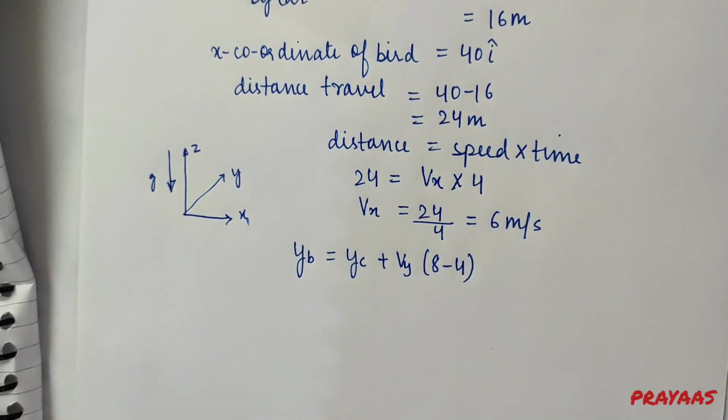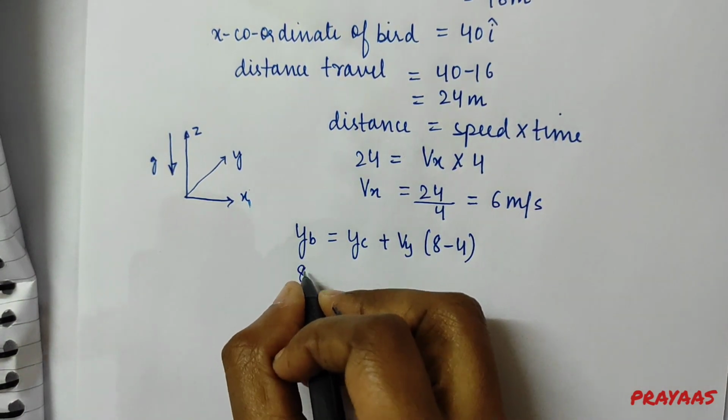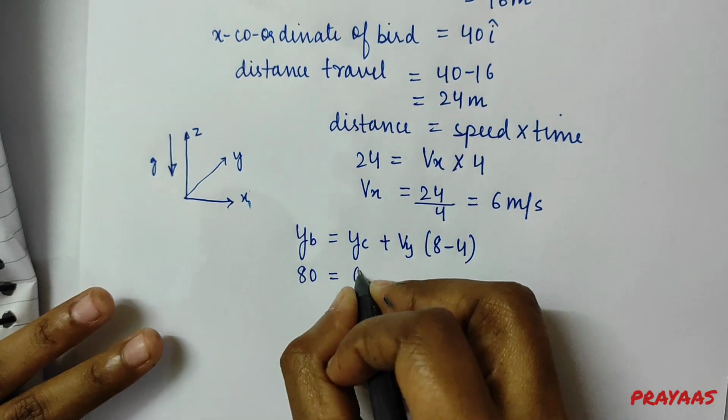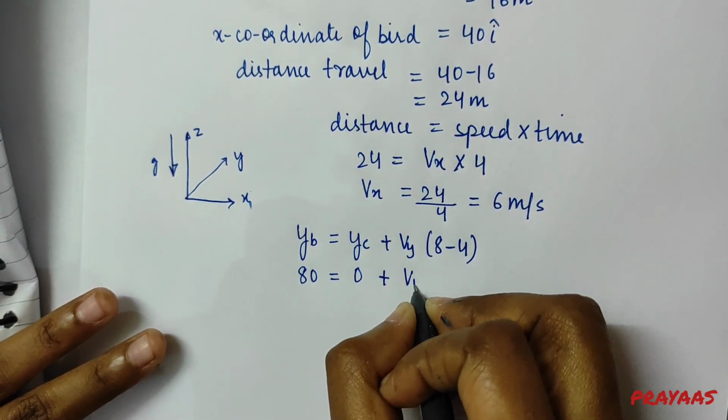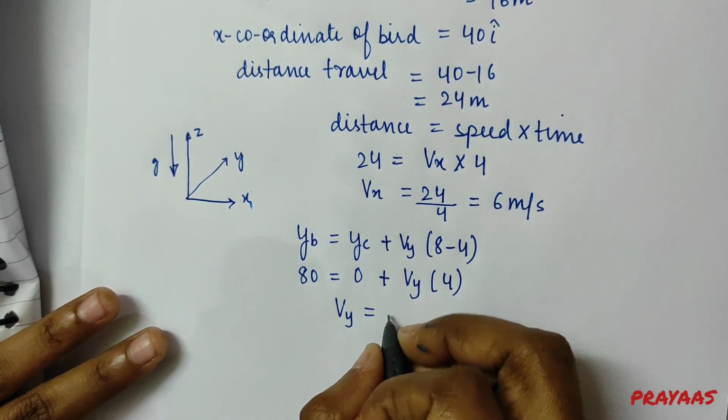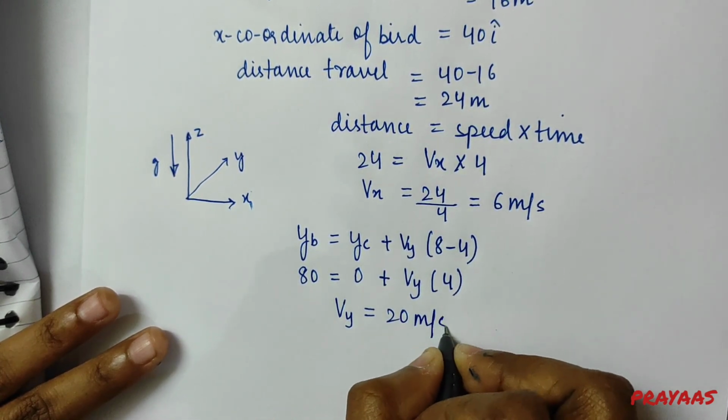That is time taken. Yb is 80, initial x coordinate. Yc is 0 plus vy into 4. So the velocity in y direction will be 20 meters per second.